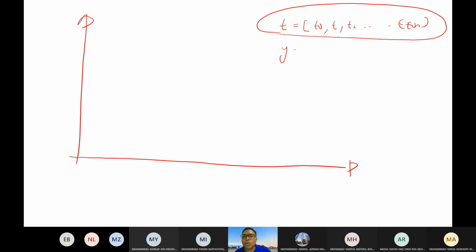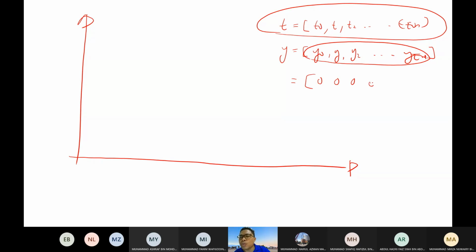And your Y also consists of your Y0, Y1, Y2 until Yn. This is also matrix. So to start with, usually we have to initialize what is your Y value. So kita pastikan supaya dia ada satu nilai, kita akan letak semua ni sebagai kosong dahulu.